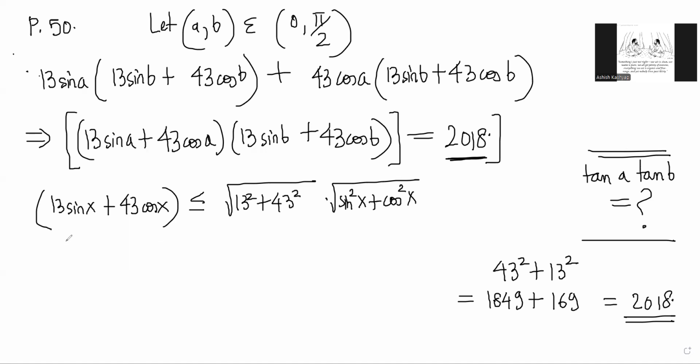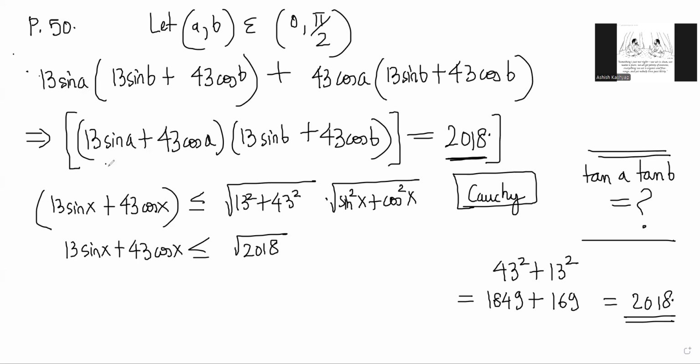So you're getting 13 sin x plus 43 cos x is less than or equal to root 2018. This is coming by Cauchy's inequality.